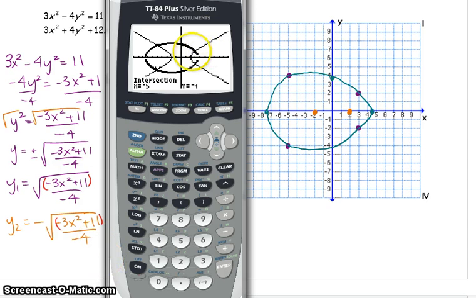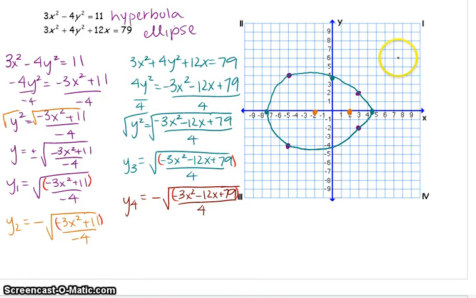Not too much, but we know it'll intersect at these purple points here. So let's draw in our hyperbola. And the other side. There we go. So we have our ellipse, we have our hyperbola, and we know it intersects at these points.